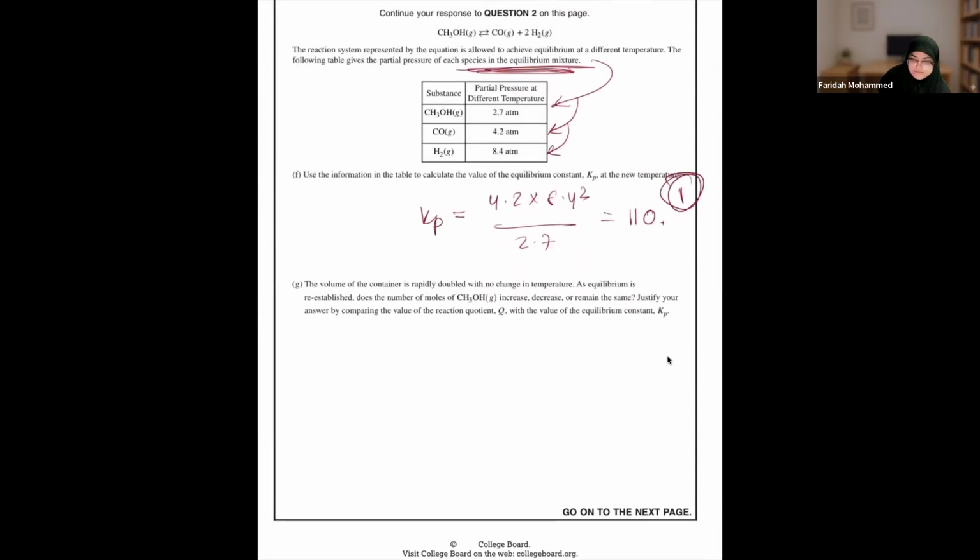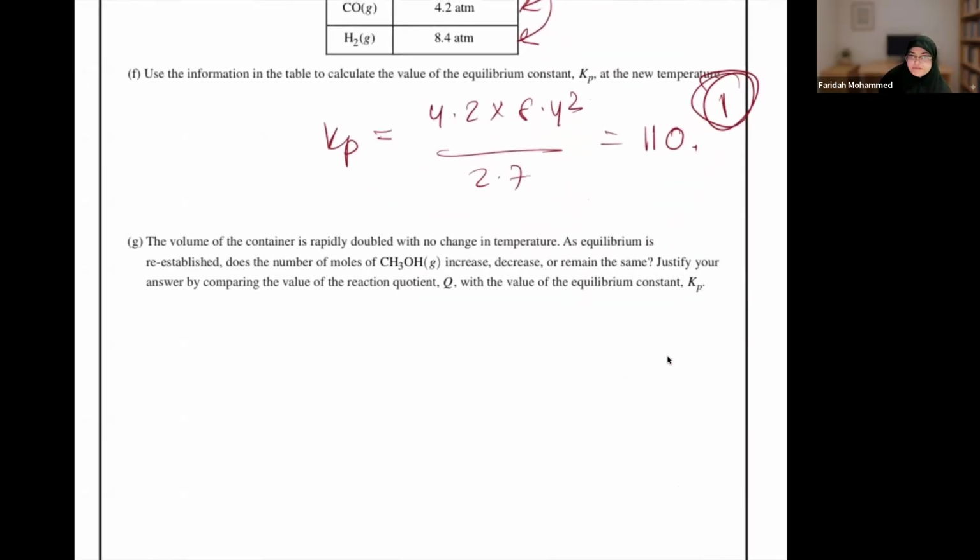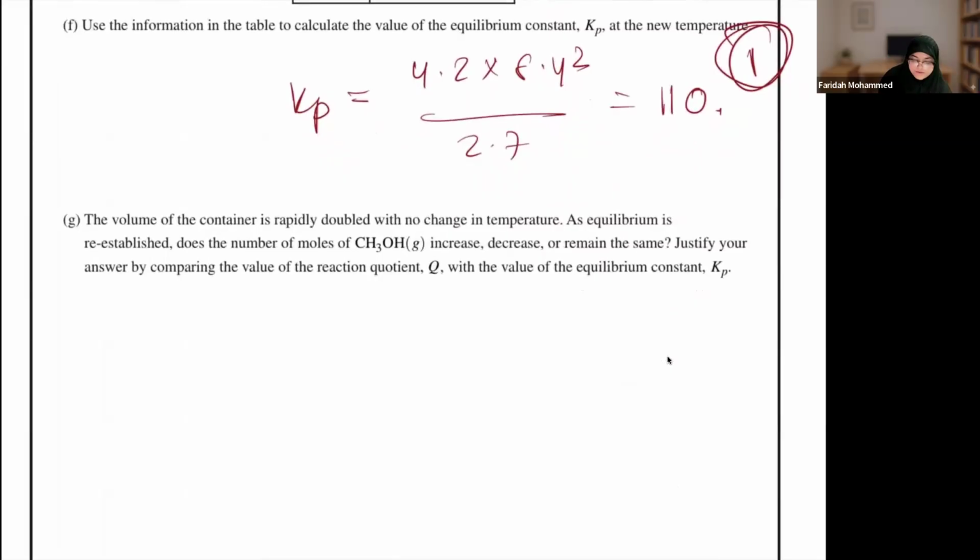Okay, the last one. Now, this is 2 points. Who wants to try? Anish, you there? You wanna try? Yeah. So I said the reaction will decrease the number of moles of CH3OH if the volume is doubled.